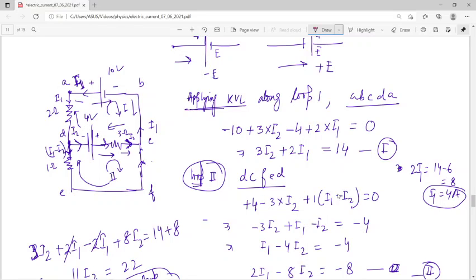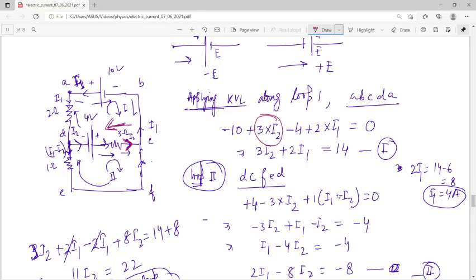Here in that particular case, when we consider this 3 ohm resistor, you will see that we are moving in this direction and the current direction is on the opposite side, so you take it as positive. That is also on the opposite side, that's why this is taken as positive.